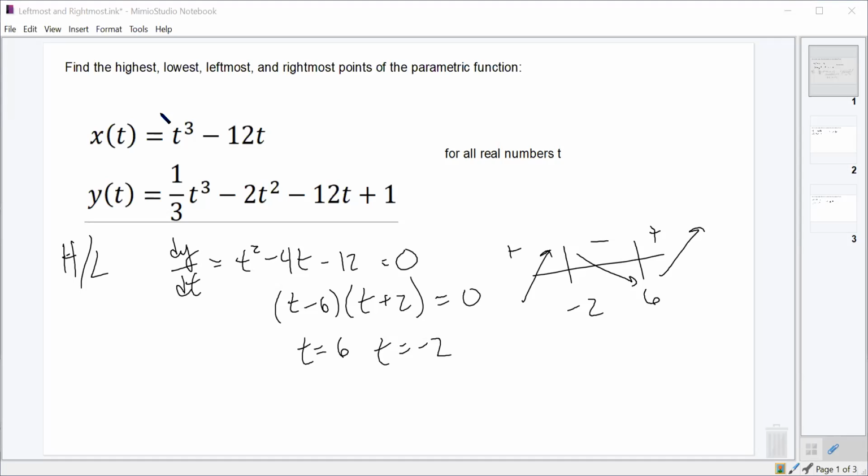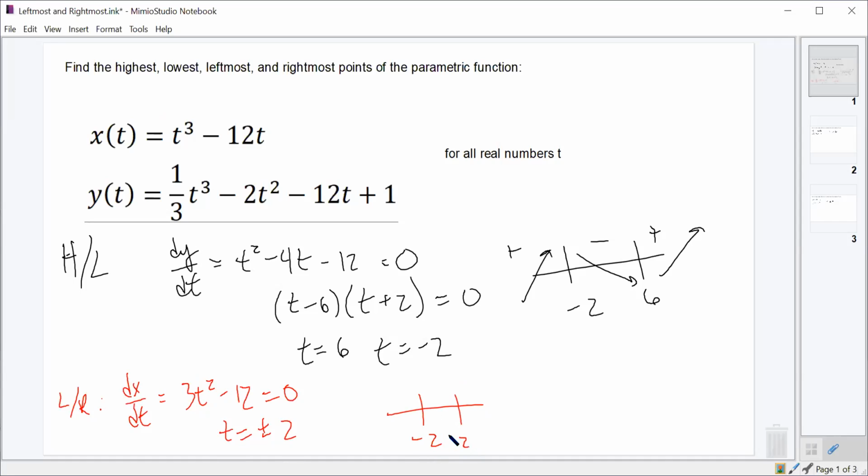But first I want to do the leftmost and the rightmost. So if we're going to do left and right, we're going to need dx/dt. And what's dx/dt? 3t squared minus 12. And if we factor out 3 and solve that, we end up with t equals plus or minus 2.